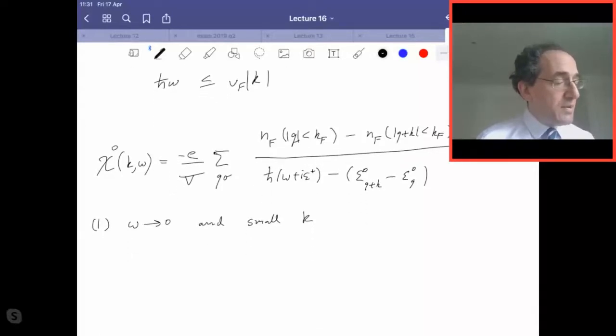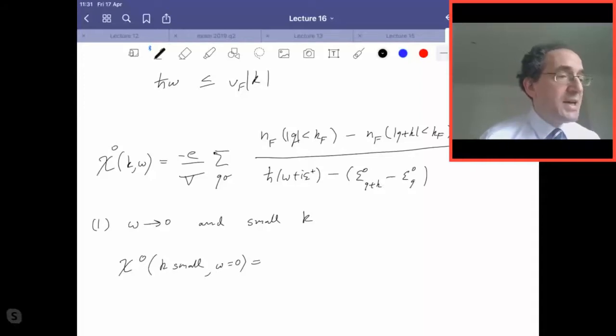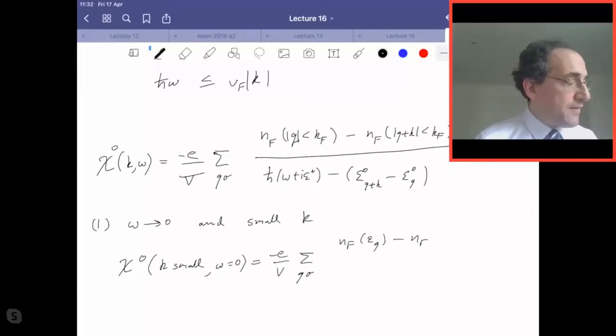So let's write this. So chi, k small, omega equals 0. We can write this as, okay, there's minus e over V. There's our sum over q and sigma, and then I'll write this as nF of epsilon q minus nF of epsilon q plus k.